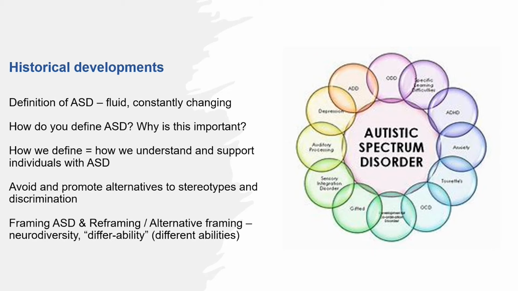And so we promote through our work an alternative framing of autism spectrum disorder, what we call reframing, that embraces the concept of neurodiversity and differability rather than disability. We embrace different abilities of our learners in our classrooms and in our communities.